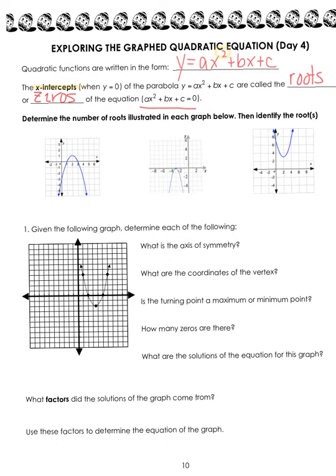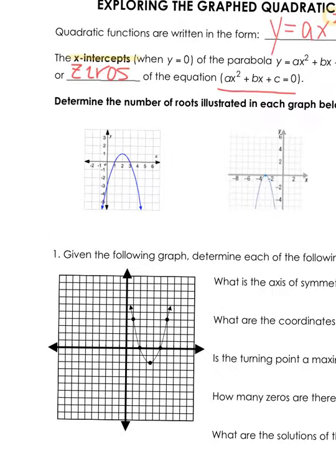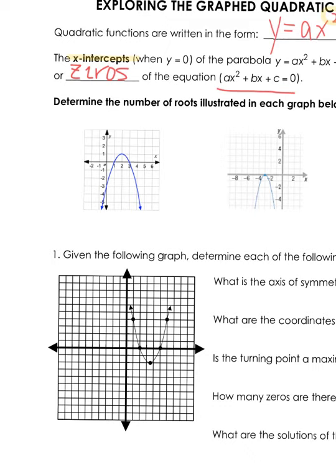In the first picture, I'm seeing that there are 2 zeros. I can see that it hits the x-axis twice. So we've stated there are 2 zeros, and then we're going to state what the zeros are. One of them is x equals 1. That's where one of the x-intercepts is. The other one is at x equals 3.